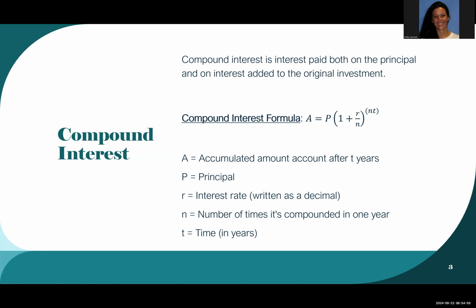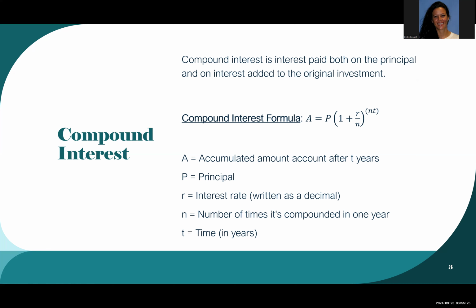Now you owe interest on the TV plus the interest from last month. So you're earning interest on the interest, and it can snowball. But on the other hand, if you were to invest money or save money, this could work in your favor. The idea is that the interest is put back onto the principal, back into the account, and then it itself earns interest. So it's interest on interest.